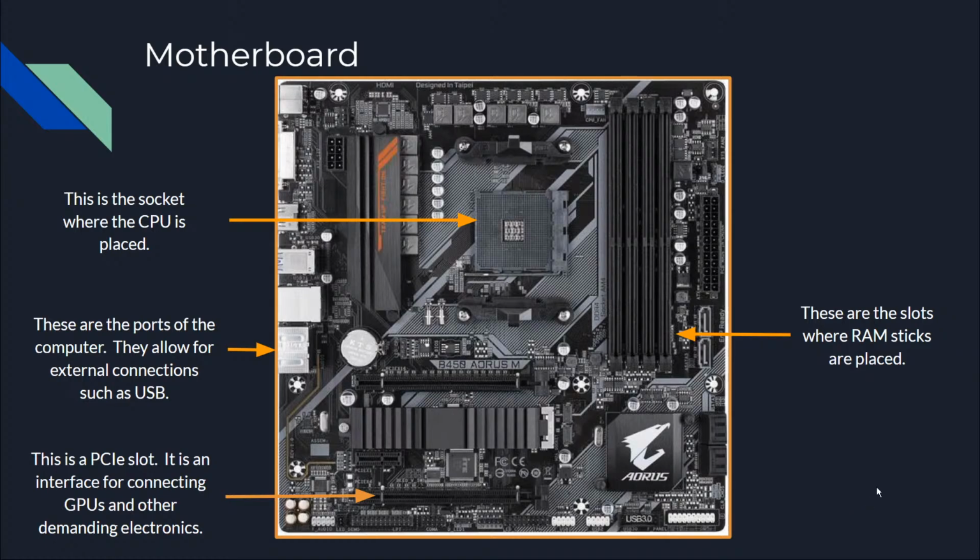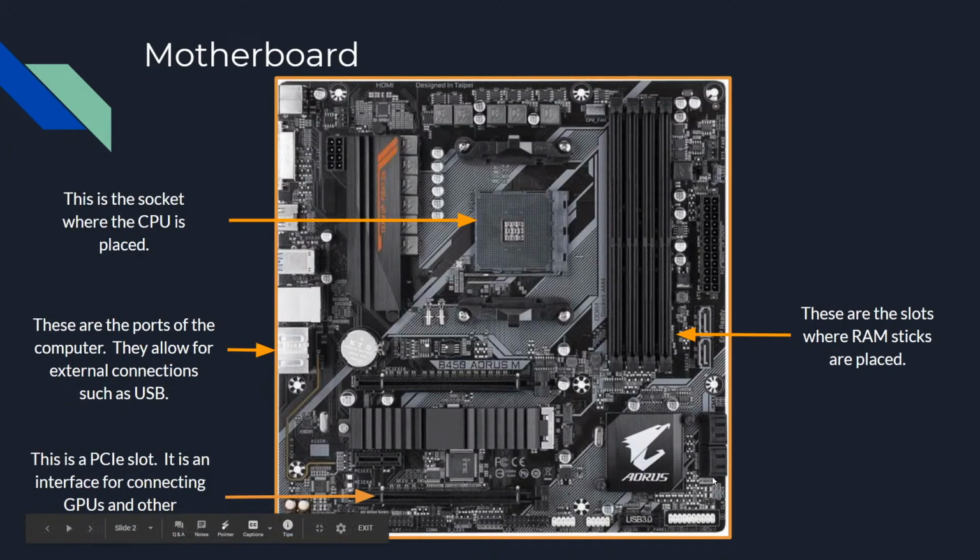On the left side are the ports that allow for connections such as USB. Finally, on the bottom are the PCIe slots. As Matthew said earlier, it's an interface for connecting GPUs and other power-demanding electronics. Obviously, there's more stuff on this board than just these 4 things, but these are the basic parts.